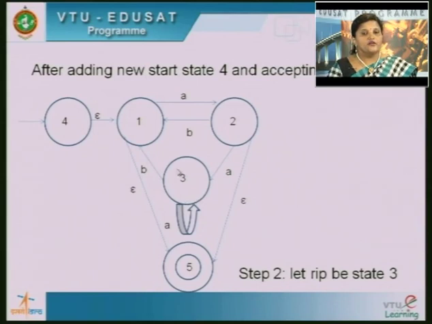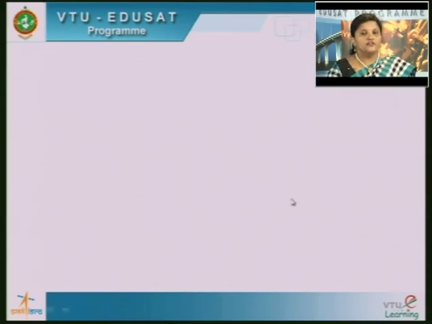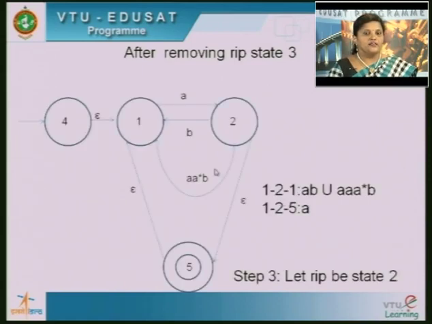When you select state 3 as the rip state, the equivalent regular expression for reaching from 2 to 1 is A star B. Okay. So when you are deleting state 3, you should replace it with the equivalent expression A star B. That is what we have done here after removing the rip state 3.